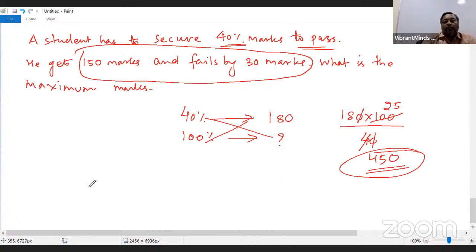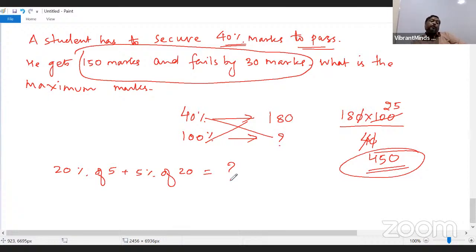I am giving you one simple question. Please try to attempt it. 20% of 5 plus 5% of 20 is equal to what? Give me the answer. You can write it in your chat box.